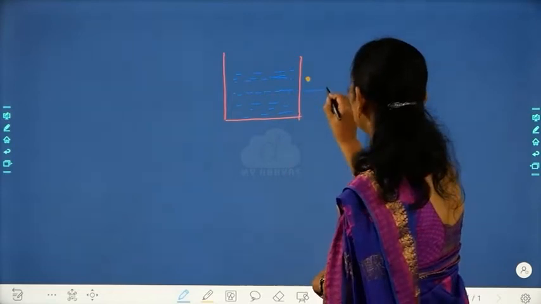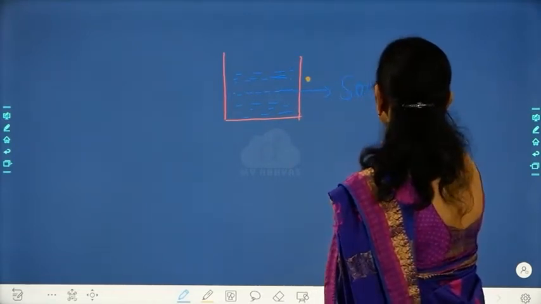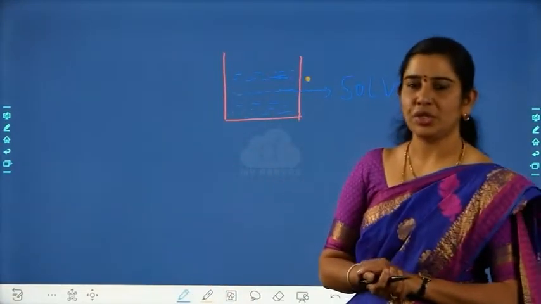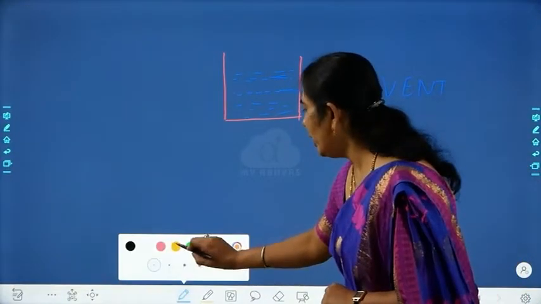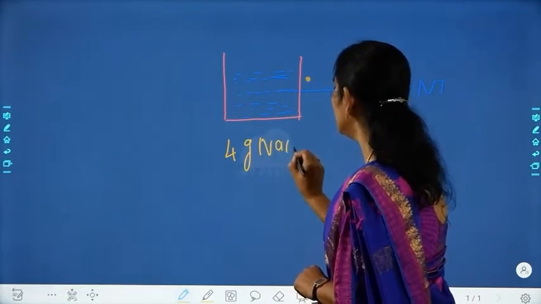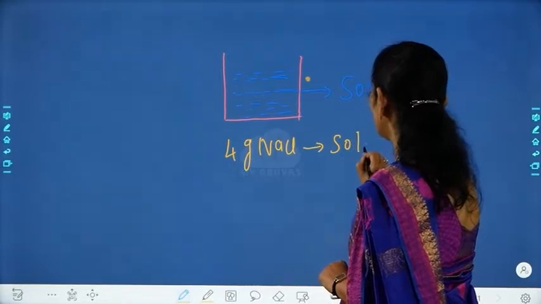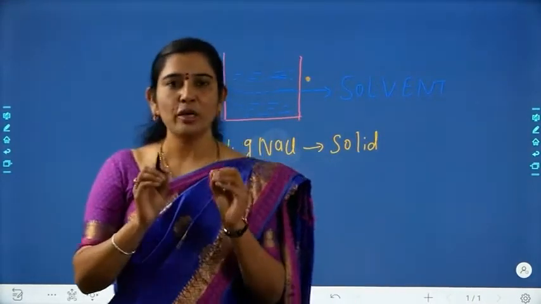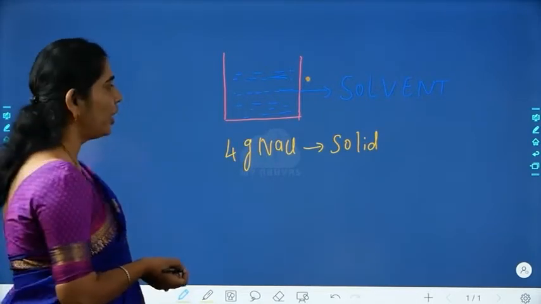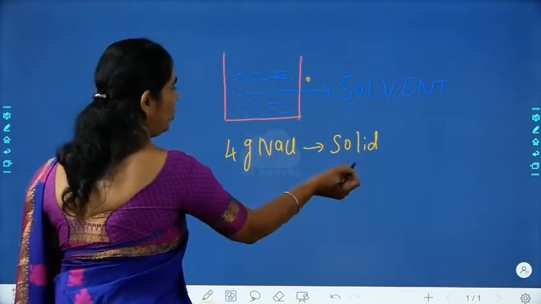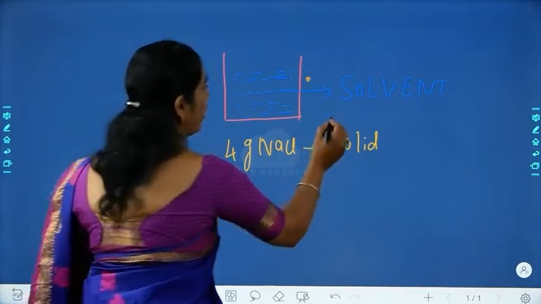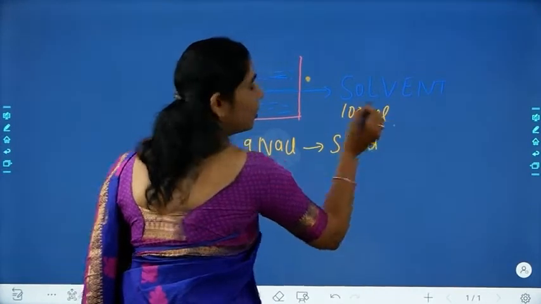I will call this water the solvent. Now I want to prepare sodium chloride solution. For example, I will take 4 grams of sodium chloride, which is a solid. My aim is to prepare sodium chloride solution. So I am going to introduce this solid sodium chloride into 100 ml of water.